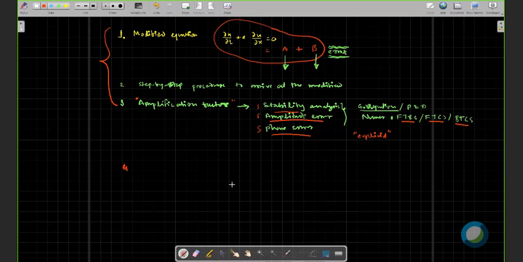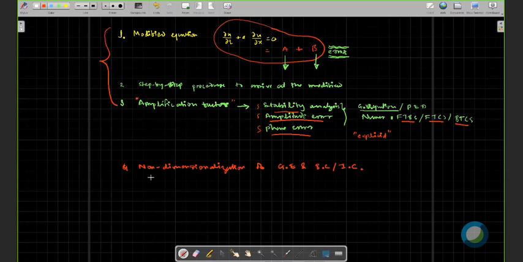the non-dimensionalization of governing equation and boundary conditions, also initial conditions.